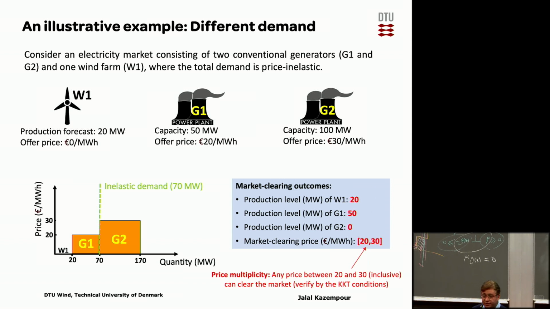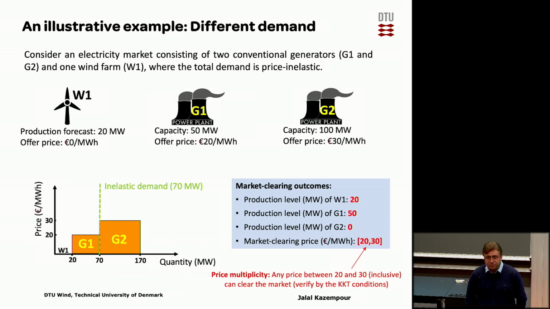Not only 20 and 30, but any price between 20 and 30 could be a price. How to know that? Check KKTs. You will see any value between 20 and 30 admits this to be the solution of KKTs.